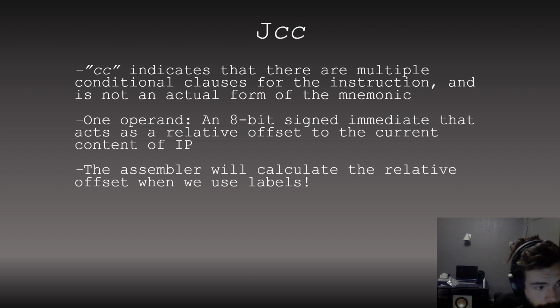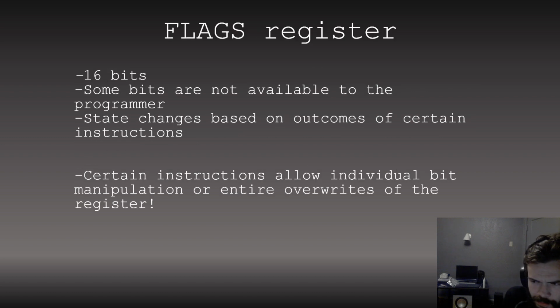It's only one operand: an 8-bit signed immediate that acts as a relative offset to the current content of the instruction pointer. That's kind of a mouthful, isn't it? The assembler will calculate the relative offset when we use labels. But that's just fun info, I guess.